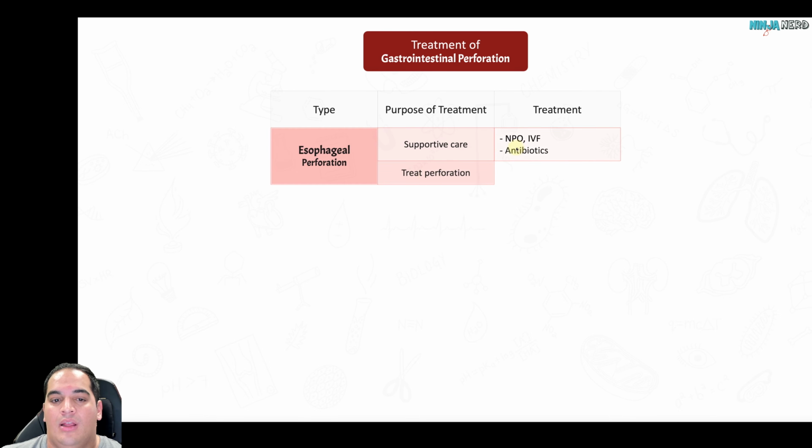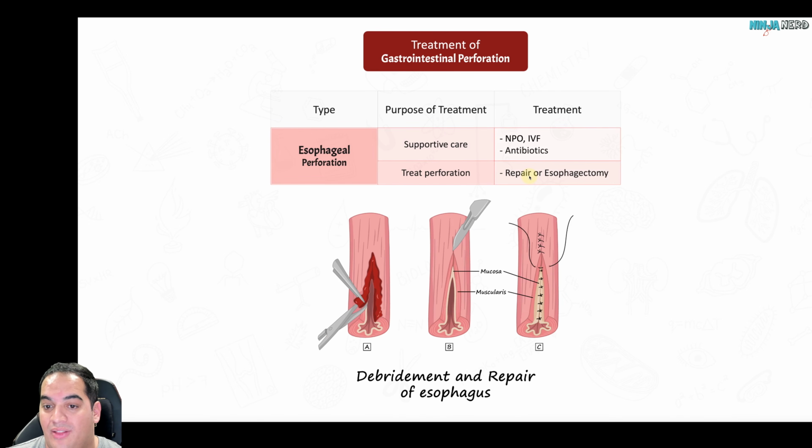All right. While you're getting them the supportive care, antibiotics to prevent mediastinitis, hopefully sepsis and septic shock, fluids while they're remaining NPO, you can actually repair their esophagus. Then you get in there and you say, okay, is this something where I see the tear, I see the rupture, I see the perf, I can debride out the dead tissue or eroded tissue or where the trauma is, and then once it's clean, I can go ahead and now I have nice areas where I can put my sutures in and close up and repair this area.